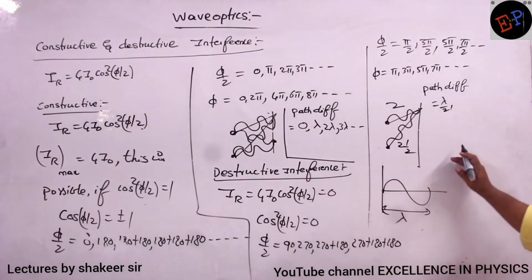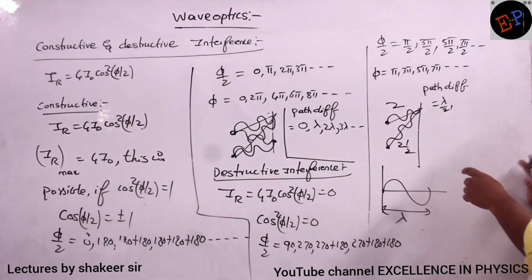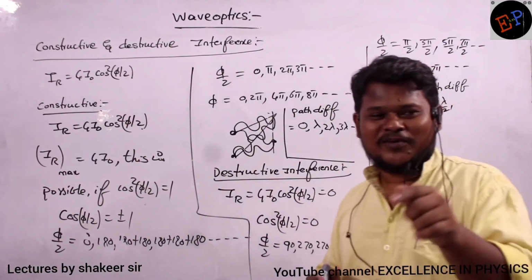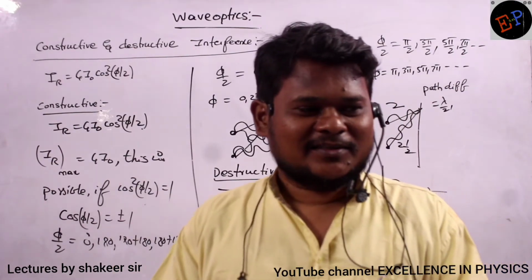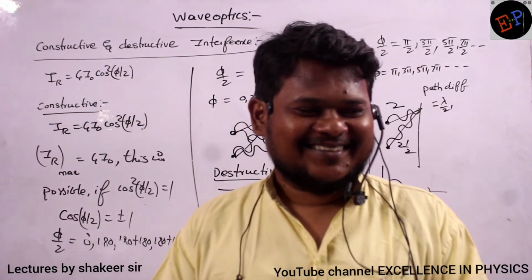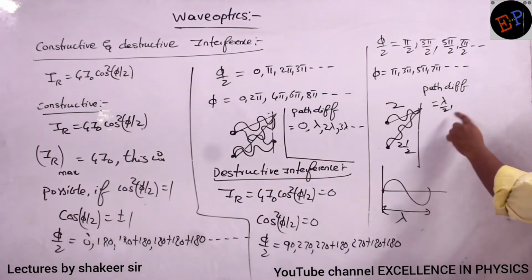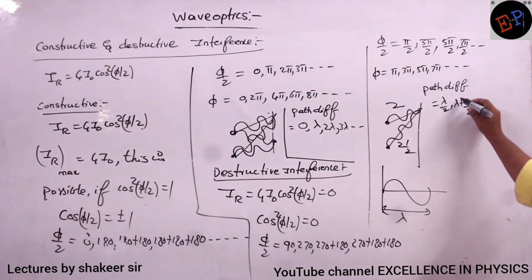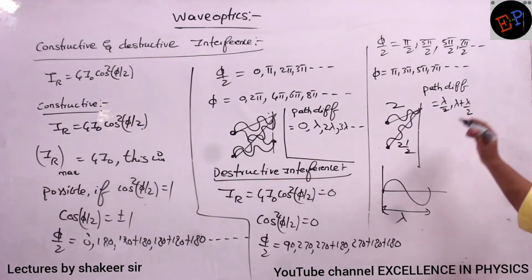Lambda by 2 plus lambda by 2 makes one wave extra, and one wave extra becomes constructive. So we should always have a path difference of λ/2. So you add one more wave extra. So lambda plus λ/2. Lambda means zero phase difference. Additionally λ/2, 3 λ/2. Like this you go on adding.